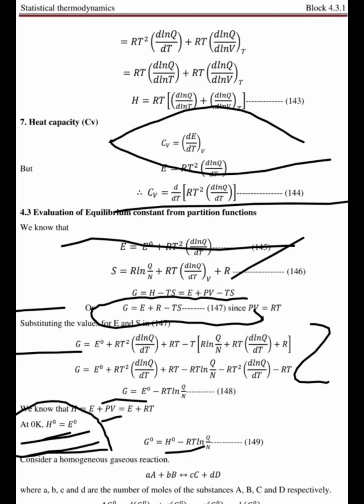That is the equation 149. So further considering the homogeneous gas reaction, a, b, c are the number of moles for the reaction A plus B gives rise to C plus D. So delta G naught is equal to delta G naught of D and C minus concentration of A and B. And G naught is the Gibbs free energy of the energy level 0.